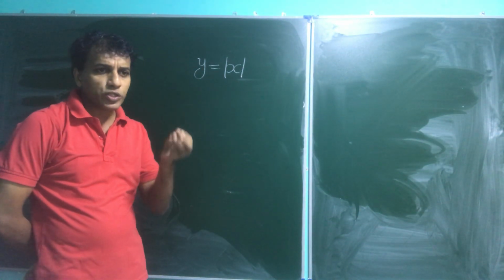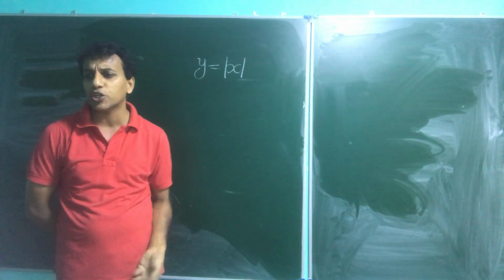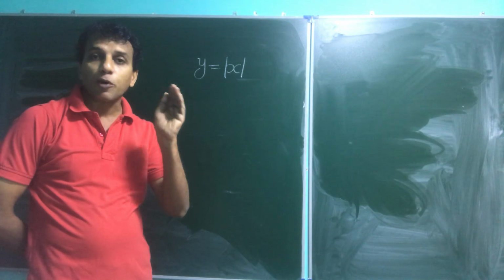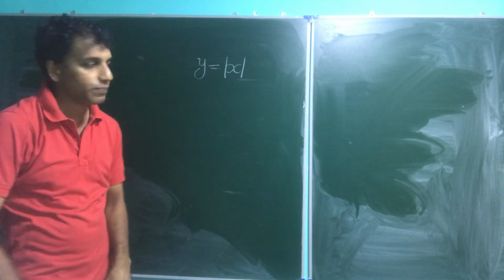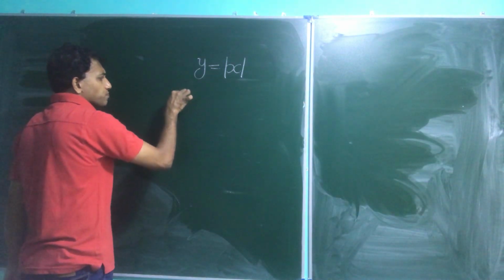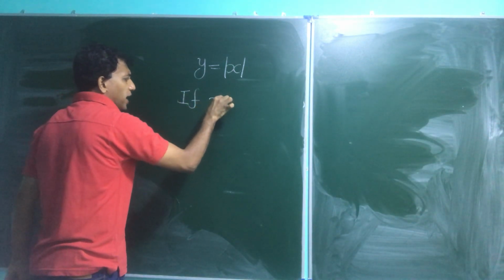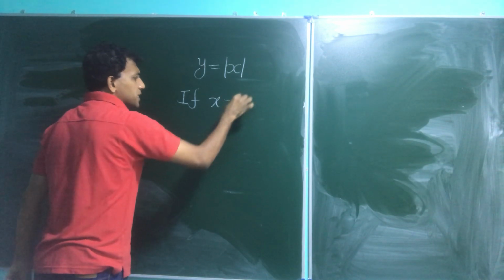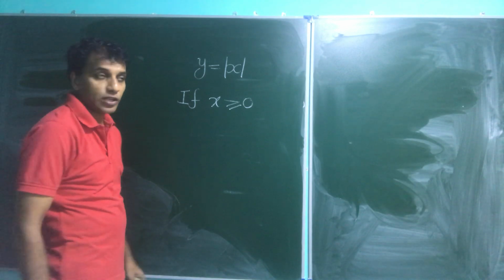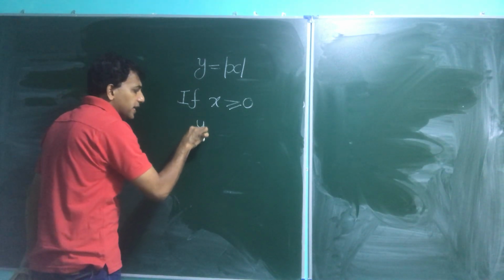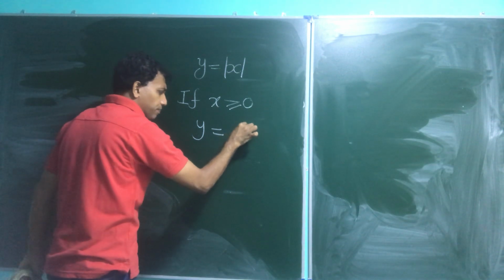So always when you deal with the modulus problems or any modulus equations, use the properties, use the definition of the modulus, right? So what is the modulus property? If x greater or equals 0, y equal x, inside positive, the same.